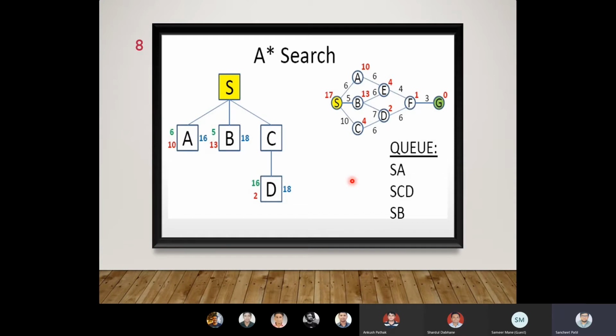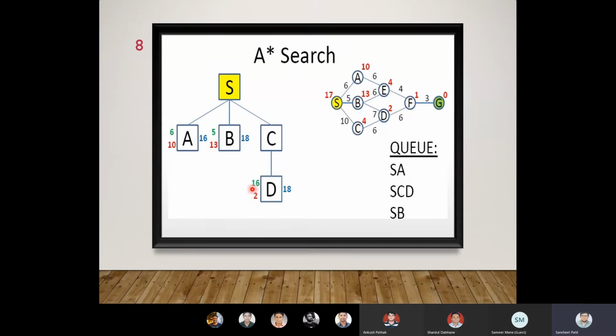So s will move through c and will reach to d. D has g of n as 16. How this 16 came: s to c is traveled as 10, after that c to d is traveled as 6. So the cost of moving from s to d would be 10 plus 6, that is 16.